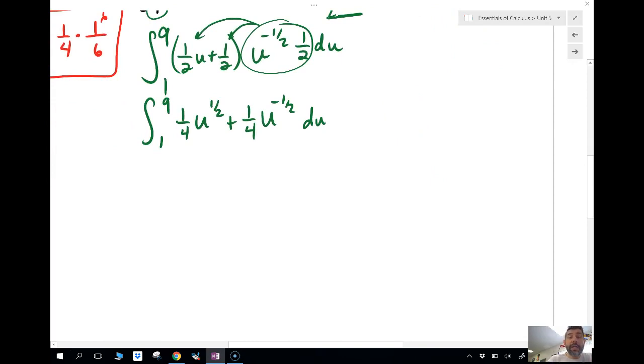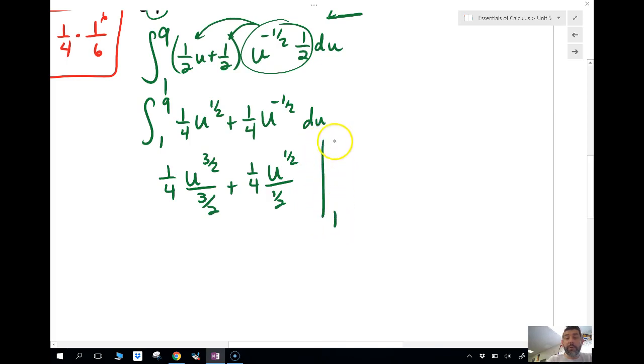And now I'm going to take the antiderivative. So I'm going to have 1/4 u to the 3/2 over 3/2 plus 1/4 u to the 1/2 over 1/2. And I'm not going to put plus c. I'm going to evaluate this from 1 to 9. Let me do a little bit of math here. This is going to be 1/6. I'm just going to simplify it a little bit before we plug in the values.